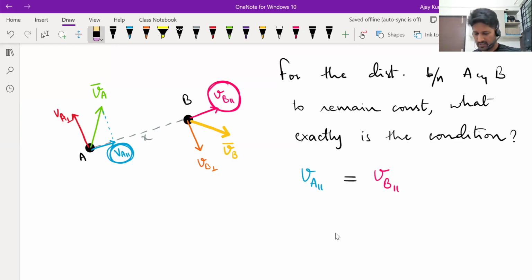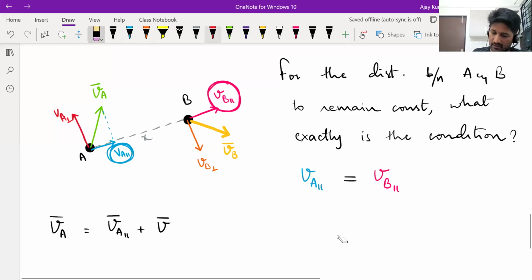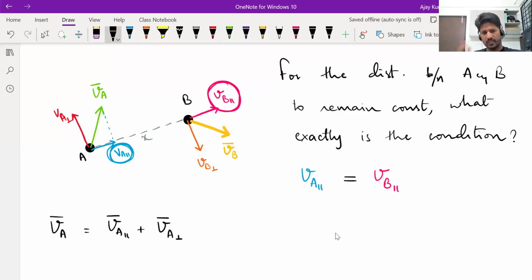Now see, the complete velocity of A, VA, as a vector, you can write it as the sum of the VA parallel component and the VA perpendicular component. A vector can be expressed as the sum of its orthogonal components, meaning perpendicular components lying in the same plane. That's the idea we are using.